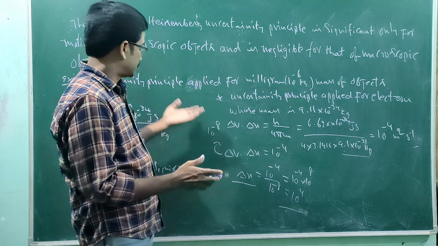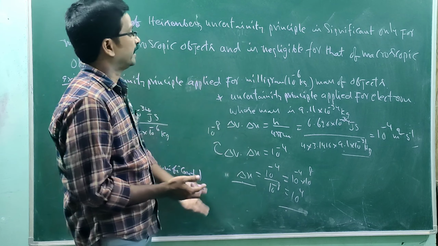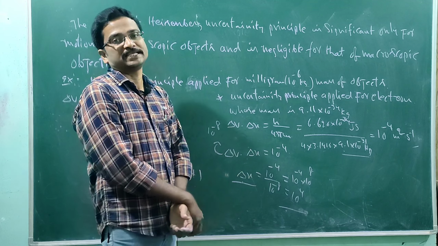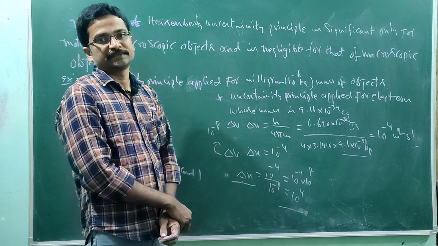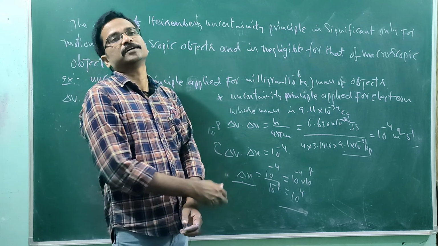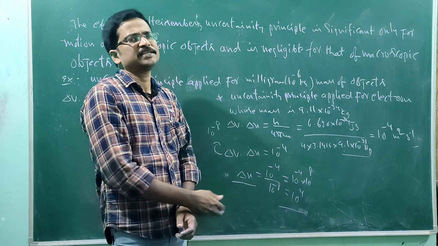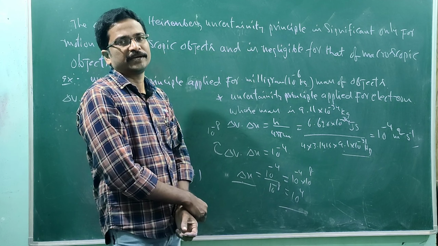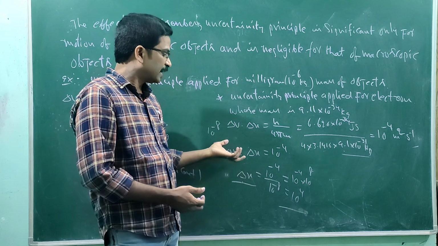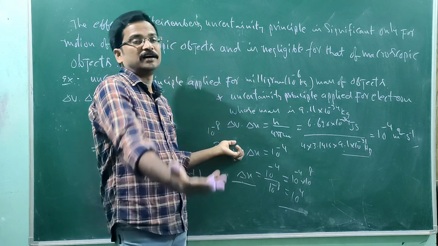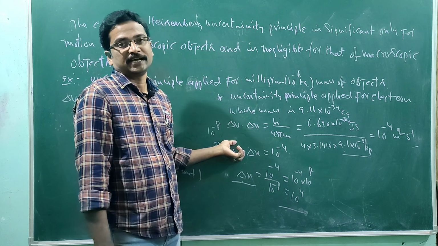This was introduced by Heisenberg. Heisenberg got the Nobel Prize because of this concept. Because of this concept, he questioned his teacher. Teacher means Einstein; Einstein's student is Heisenberg. At that time Heisenberg questioned his teacher Einstein.